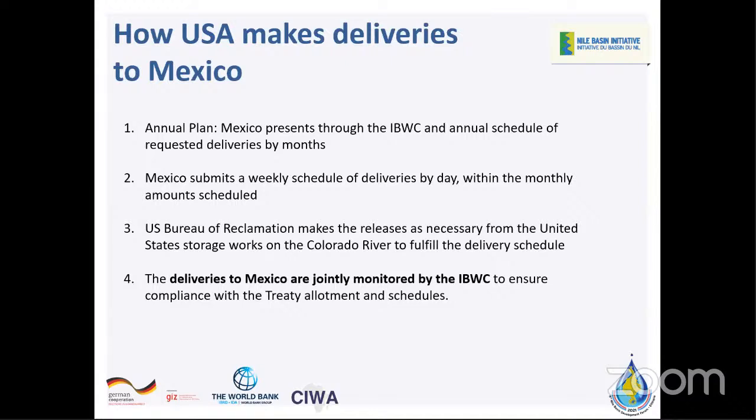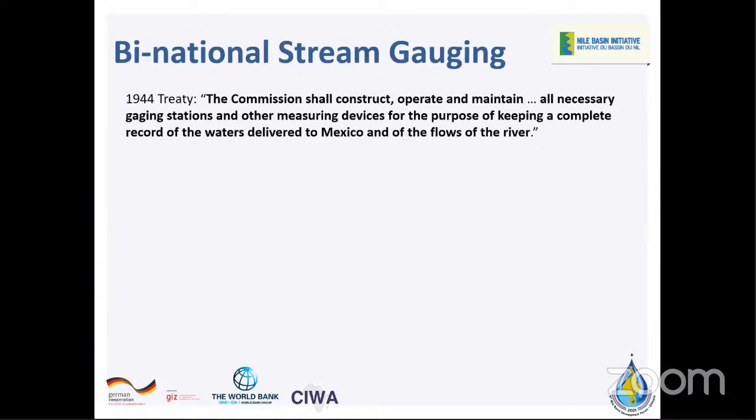Members from both countries are participants in the IBWC to ensure treaty compliance with the allotments and schedules. So even ingrained in the treaty in 1944, long before any of this technology existed, satellite technology, was very clear that the commission would construct, operate, maintain all necessary gauging stations and other measuring devices to keep a complete record of the waters delivered to Mexico and the flows of the river.